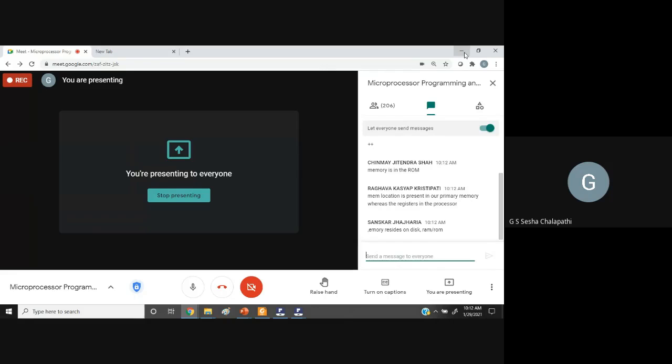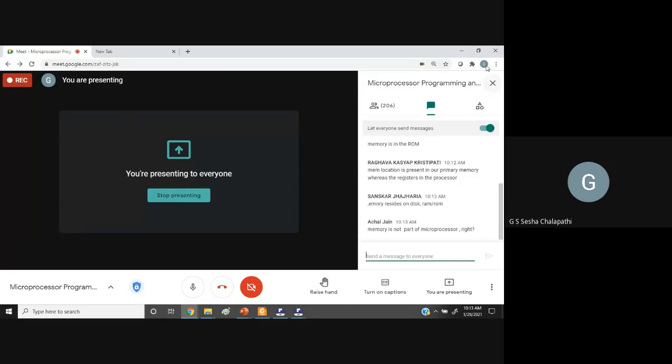A register is part of the microprocessor only, specifically the execution unit. Since it is present internally, when you access the register the access will be very fast, whereas when you access a memory location it will take some time. A memory operation, whether reading from or writing into memory, takes some time.